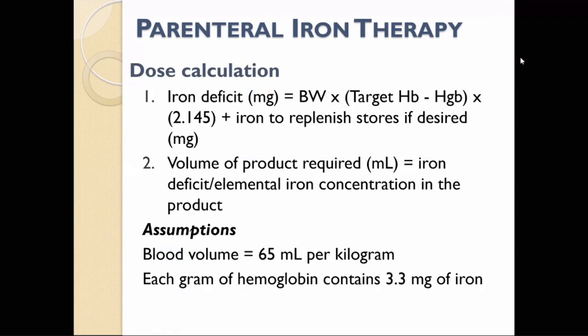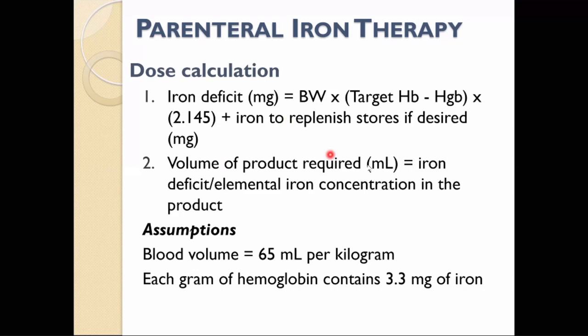When calculating the dose, we need to know the patient's hemoglobin, the target hemoglobin, and the patient's body weight, and make an estimate of how much iron is needed to replenish the stores. In a male, about 1 gram should be there already, but you make an estimate depending on the iron studies.